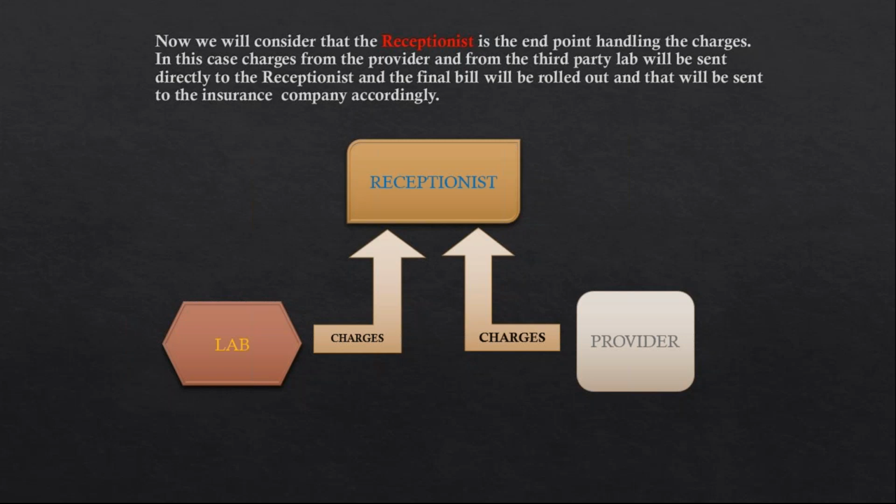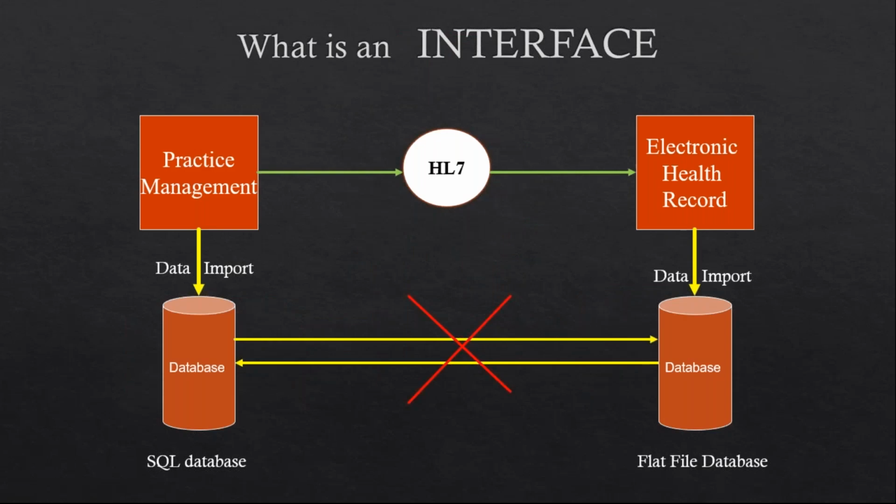So we were seeing that within this hospital workflow, messages were flowing from PM to EHR. I mean, information is flowing from PM to EHR and from EHR to lab. All of these things are done with the help of an interface. An interface is nothing but a bridge, a simple bridge which will connect two different applications, like PM and EHR in our case.